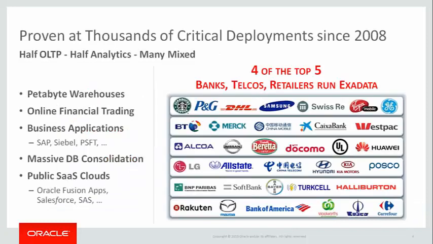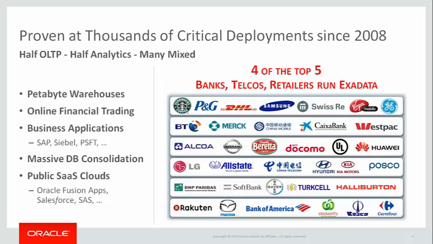Exadata deployments, thousands of deployments, are proven since 2008. Our first Exadata was introduced in 2008. This is the 7th generation of Exadata, X6. Half of the deployments are OLTP, half of them are analytics, and many of them are actually mixed workload.